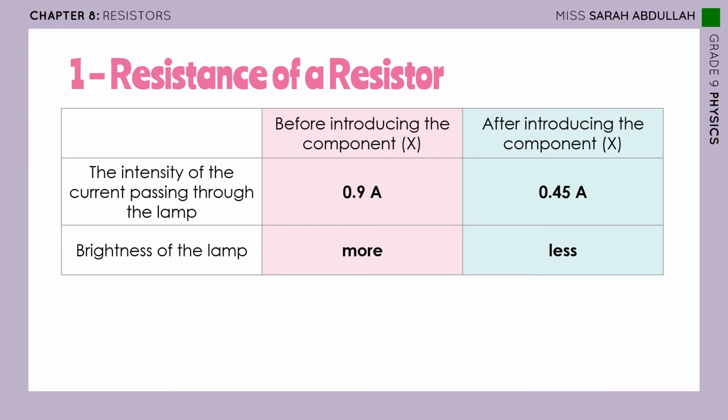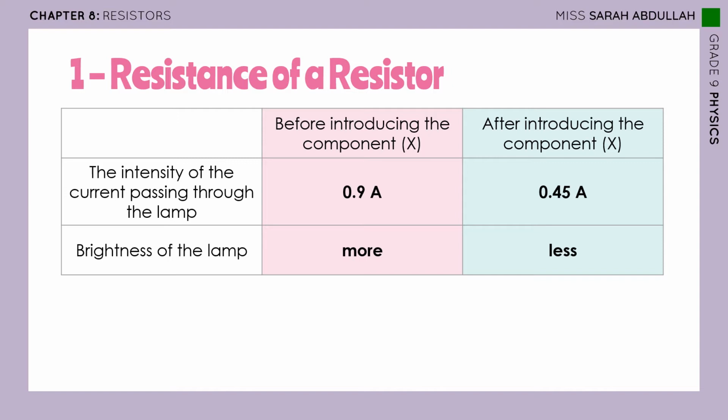Let's simply put what we said into a table. The first row represents the intensity of the current that is passing through the lamp, which is the value that I actually read on the ammeter. The second row represents the brightness of the lamp, how much it is glowing.